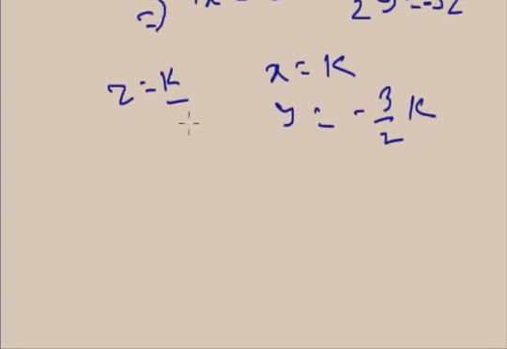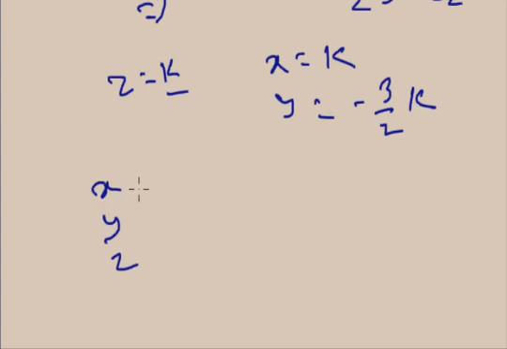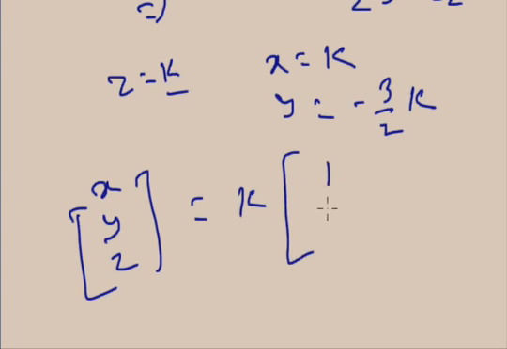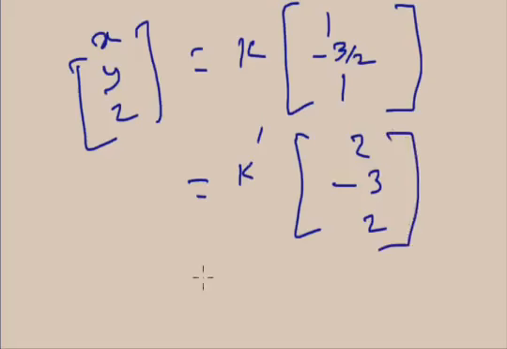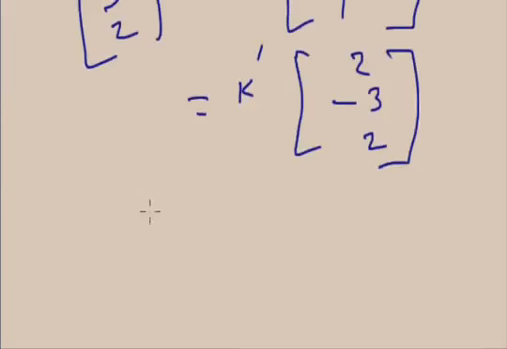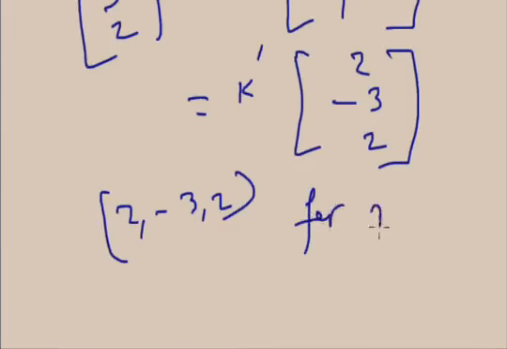So I can write x, y, z as k times 1, minus 3 by 2, and 1. If I multiply all this by 2, it is k dash into 2, minus 3, 2. So this is the eigenvector 2, minus 3, 2 for lambda equal to 1.